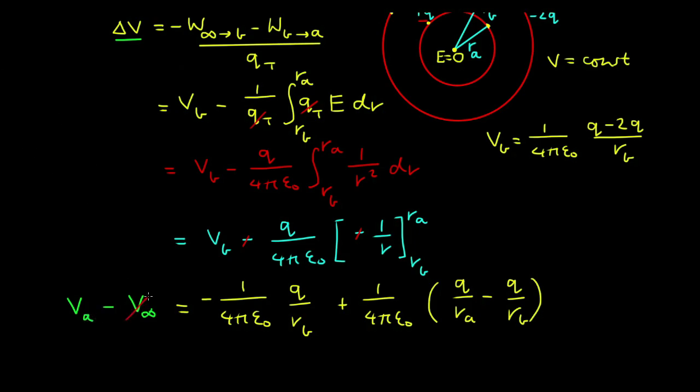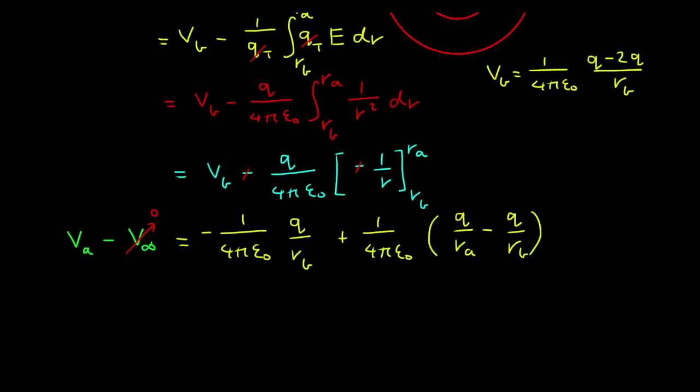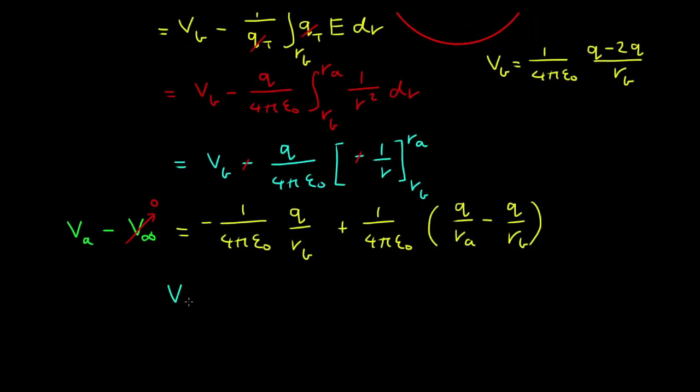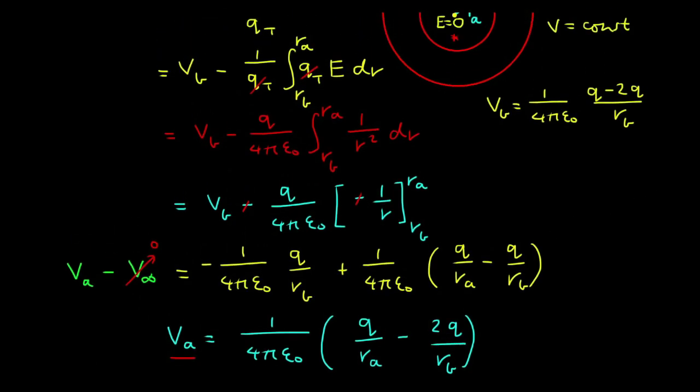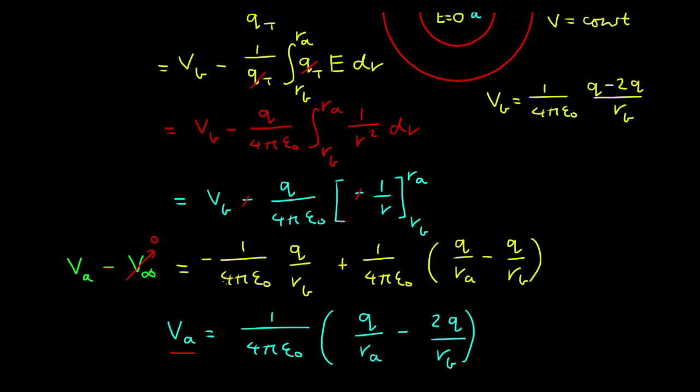And the electric potential at infinity is 0. So therefore we get VA is 1 over 4 pi epsilon naught, and then we have Q on Ra minus 2Q on Rb, which is the electric potential at any point inside the inner conductor.